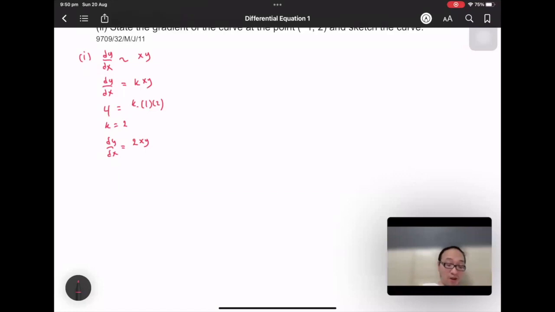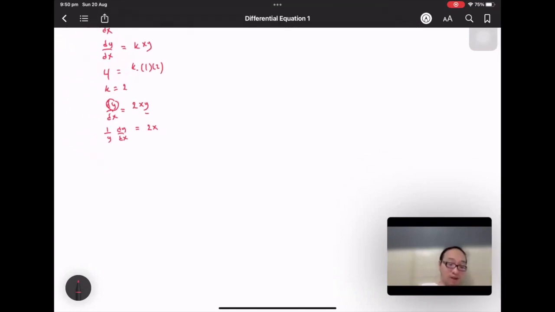We have y here and dy here, so I have to move y to the left. So it's 1 over y dy/dx equals 2x. And then I do integration with respect to x. So the integral of 1 over y dy equals 2 times the integral of x dx.